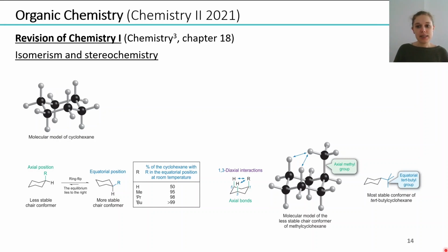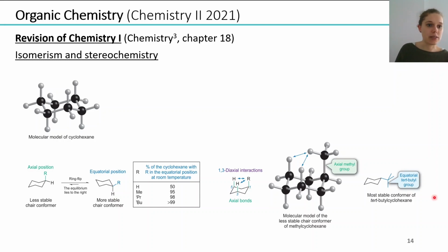And so we can say that each carbon atom has 1 equatorial and 1 axial hydrogen when we talk about cyclohexane. And they can change the position, the so-called ring flip. And here, for cyclohexane, for example, it doesn't really matter, as we have only hydrogen atoms and no other functional groups in the molecule.